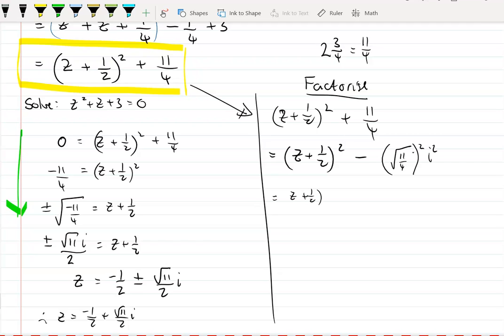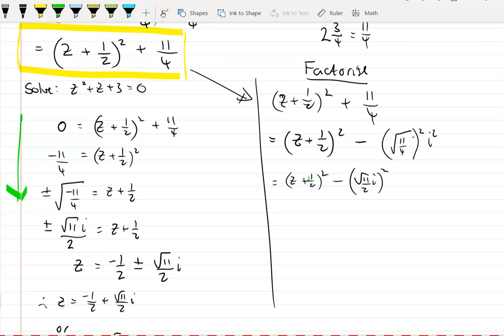And so therefore, I'll just write that in the next line. So z plus a half squared, so that's my a if you like, minus root 11 on 2i all squared. Okay, because the square root of 11 is root 11, the square root of 4 is 2. And so now I've got my difference of two squares. So we're going to write our difference of two squares. So it's a plus b, a minus b.